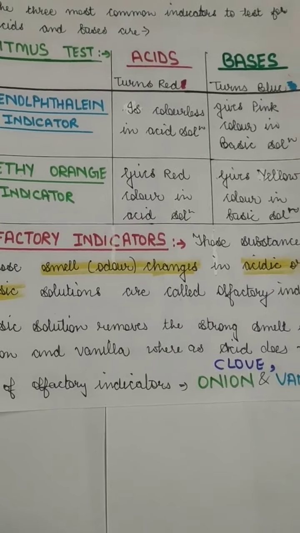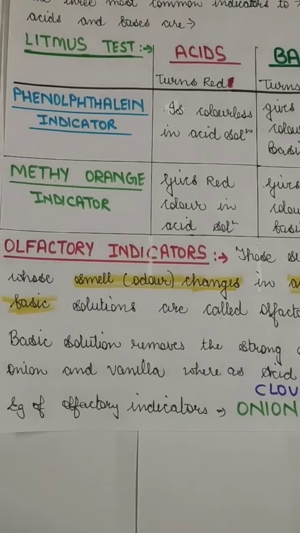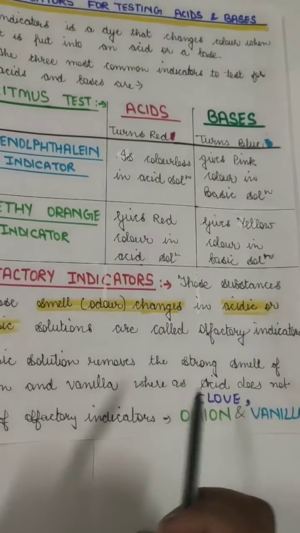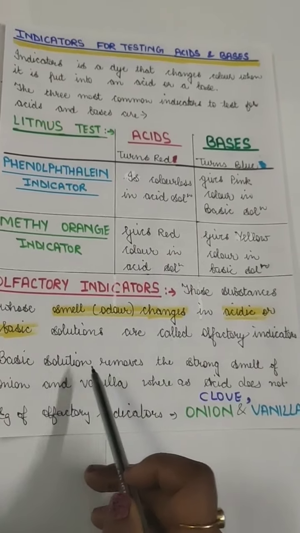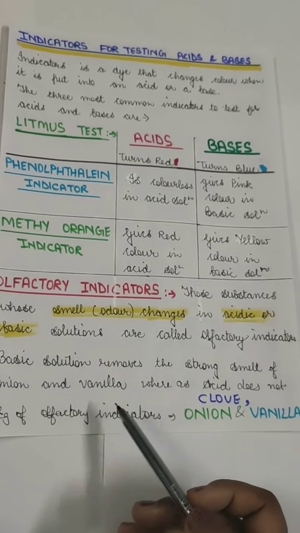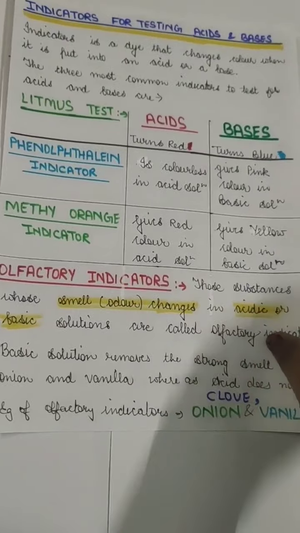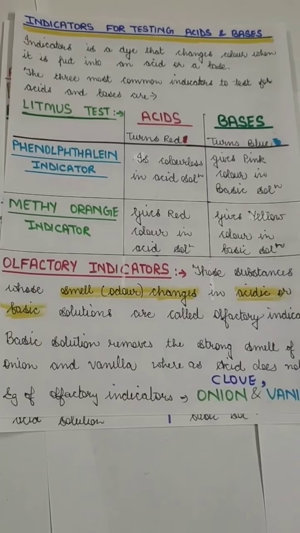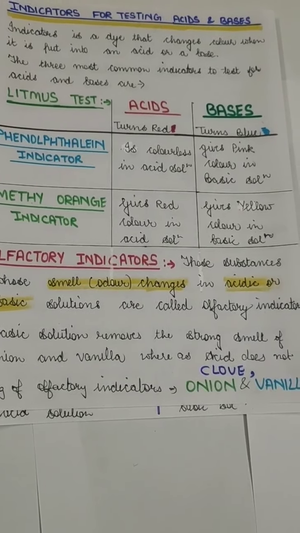Examples of these indicators are clove, onion and vanilla, because basic solution removes the strong smell of onion, vanilla and clove, whereas acid does not. So these are the olfactory indicators.